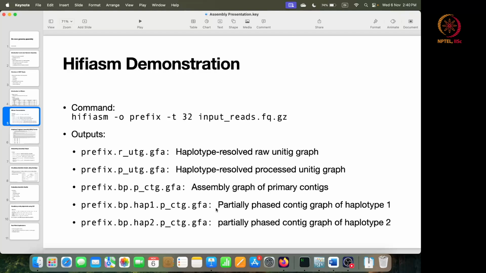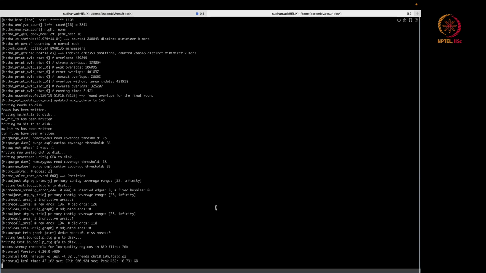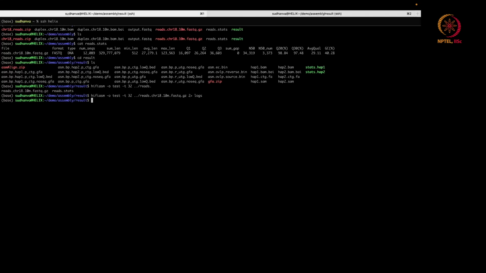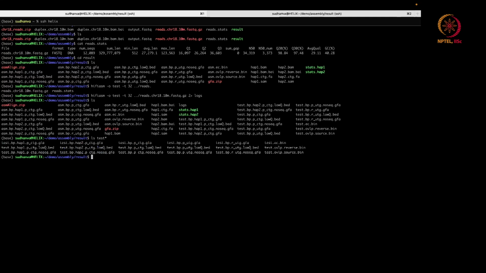Each of these is a partially phased contig graph of haplotype 1 and haplotype 2. Once these graphs are generated, hifiasm ends, and we are able to see now the outputs of hifiasm.